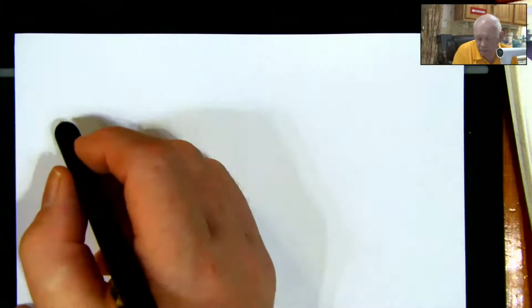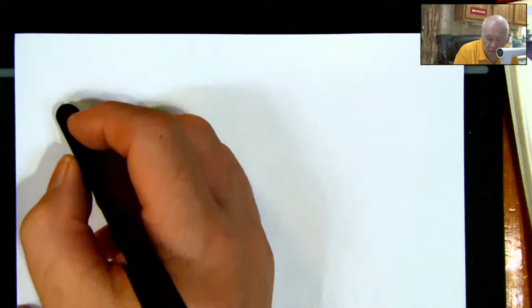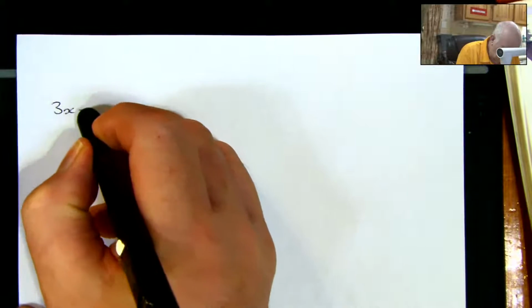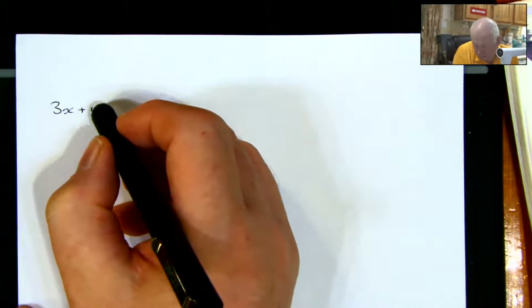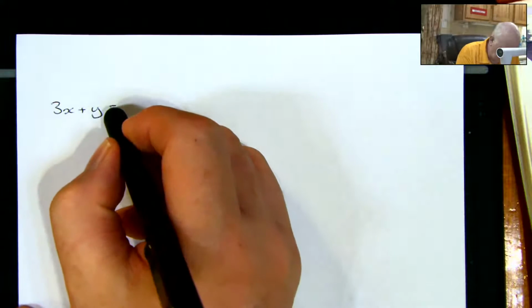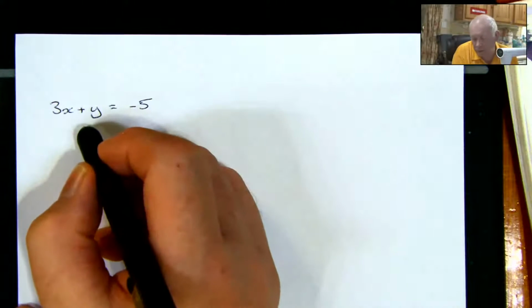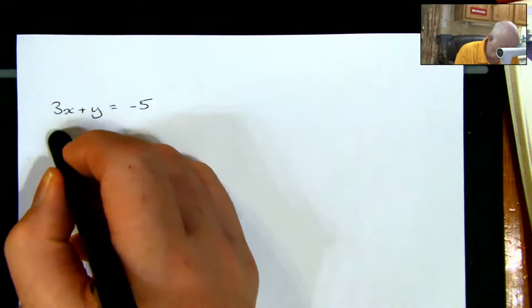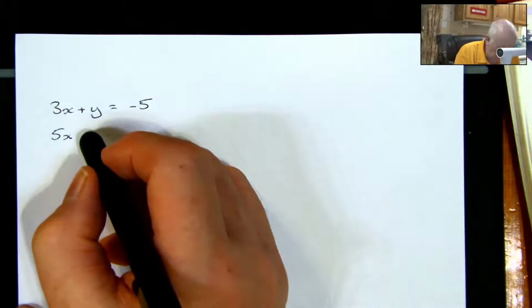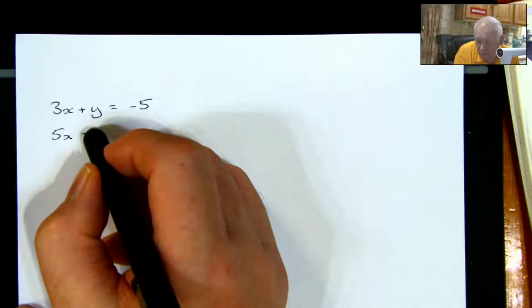So let's have a look at perhaps a few more of these sort of problems. And let's choose an example like, let's say, 3x plus y, and let's make that equal to minus 5, and we'll have 5x minus 3y.